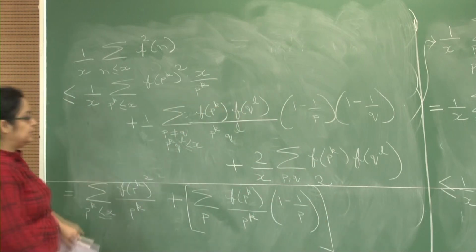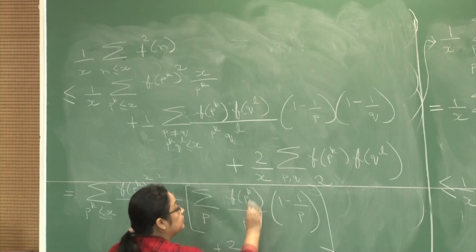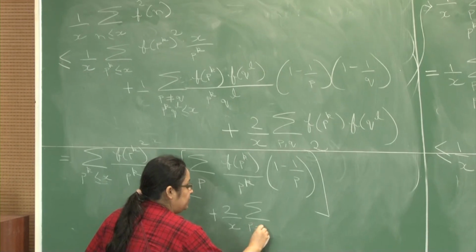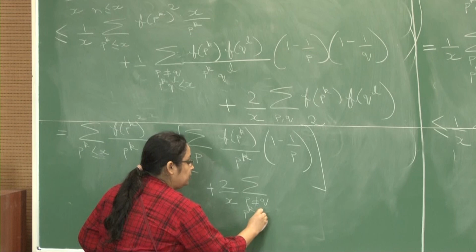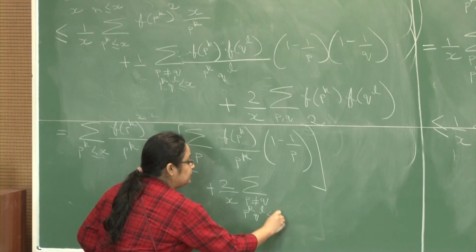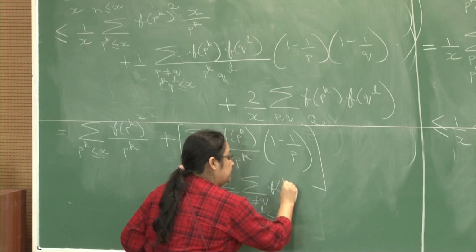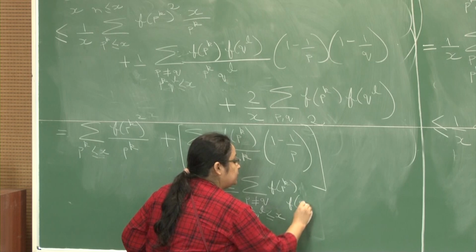And the last one we just leave: 2 over x, summation over p not equal to q such that p to the k q raised to the l is less than or equal to x, f of p to the k times f of q raised to the l.